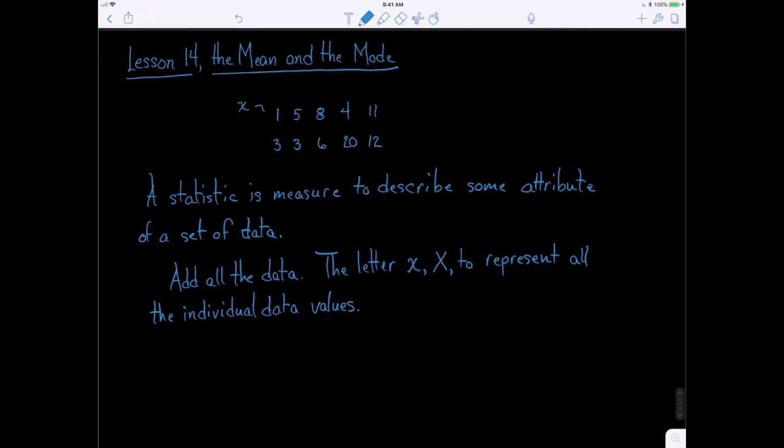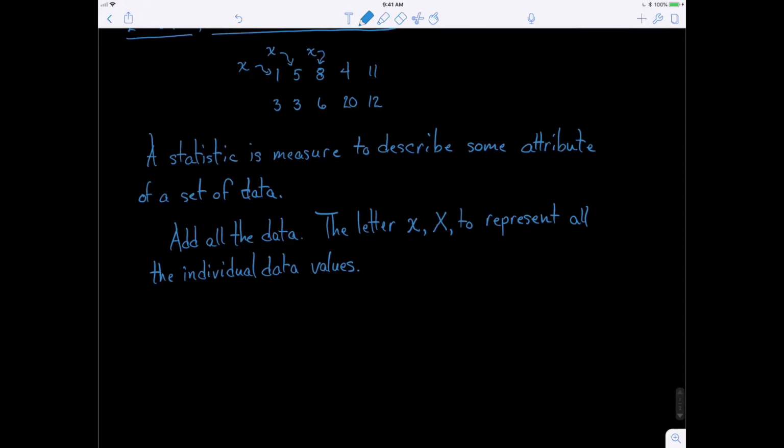So for example, up here, these are my x's. One of my possible x's is 1, and another possible x is 5. Another possible x from my data set is 8, and so on. You can go through all 10 values there, and all of those are represented by an x. So to add all the data, we use this symbol, this capital, kind of funny looking E, which is the Greek letter sigma. In math, it means to sum or add.